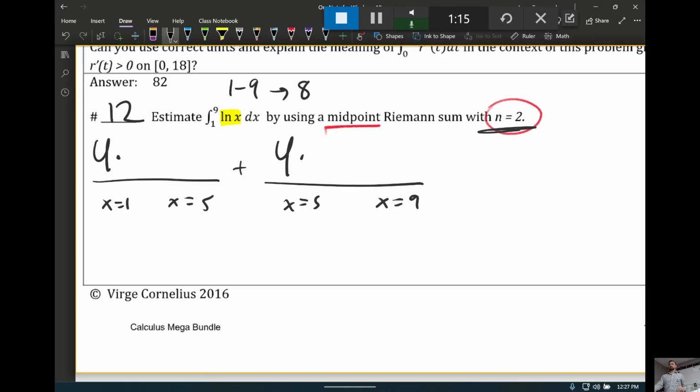So this one's midpoint is going to come from when x equals 3 in that function. Over here, from 5 to 9, the midpoint would be when x is 7. So I'm going to plug that into the function.